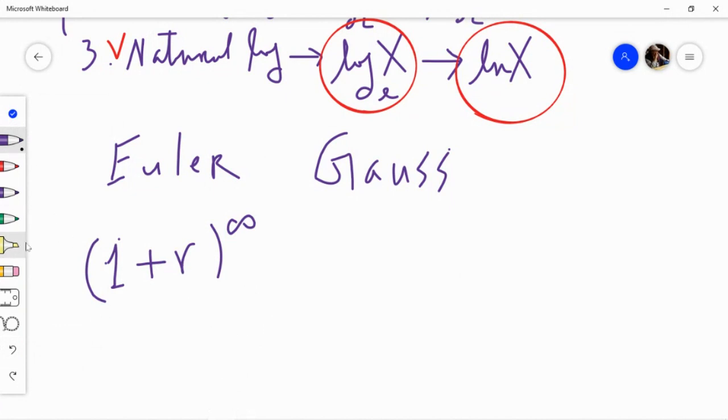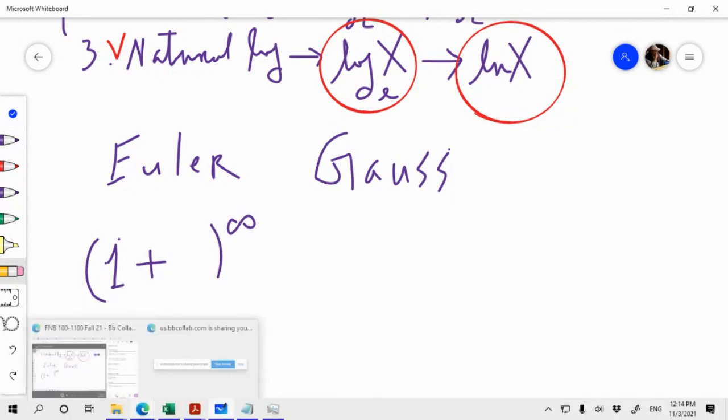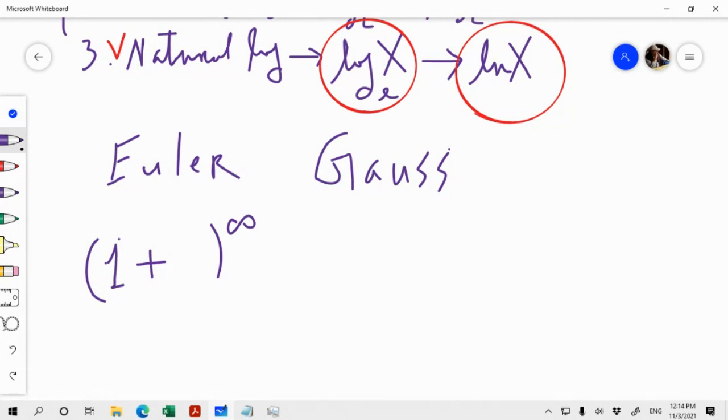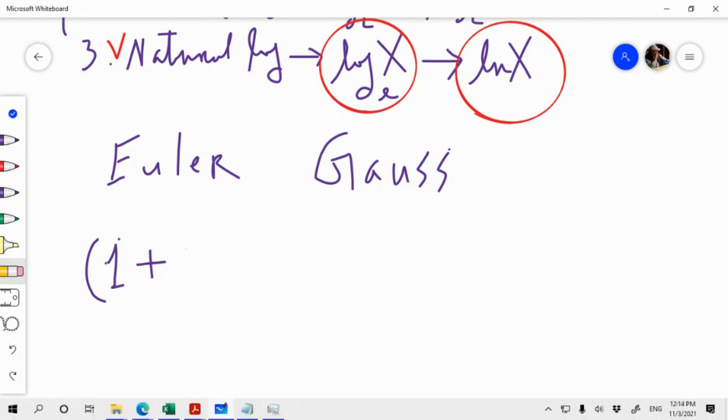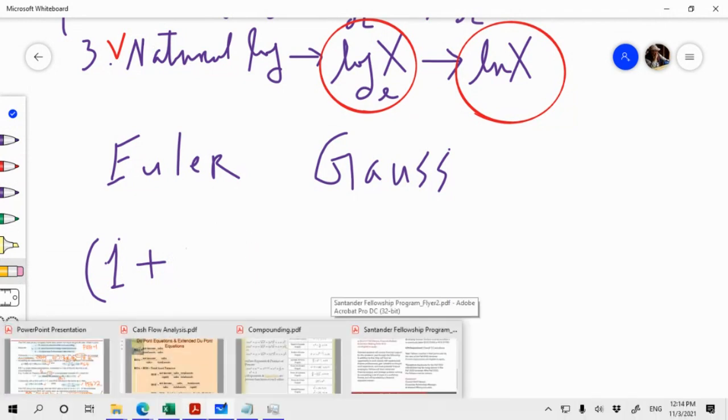Also, let me make a slide. What is r? r is the periodic rate. So it is, in other words, let me rewrite the whole thing because this is getting difficult.